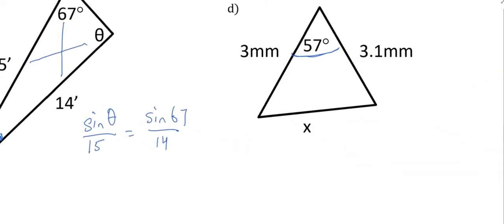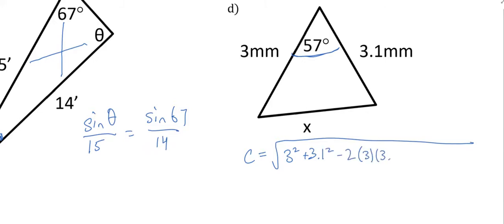And so this one's the one that's like c squared equals, but some people wanted to skip that and write it like this, and that's fine. So you don't have to write the whole thing twice. So it's going to be 3 squared plus 3.1 squared minus 2 times 3 times 3.1 times cos of the angle between them.